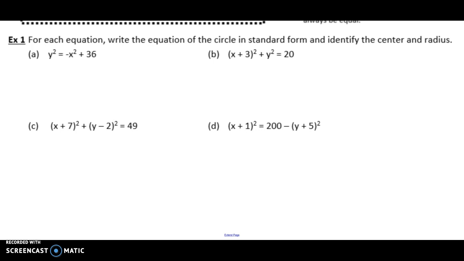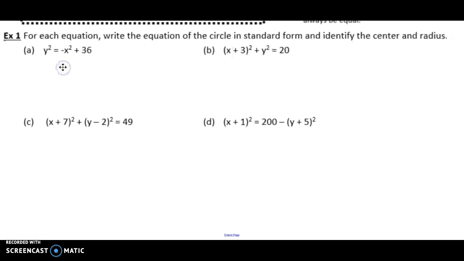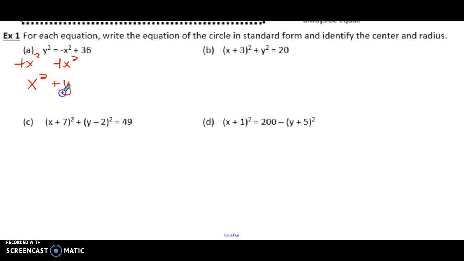So starting with number 1, we first need to get this into standard form. It needs to look like one of the two at the top. So what do I need to do first to 1a? Yeah, add the x squared over to the left side. So now we have x squared plus y squared equals 36.